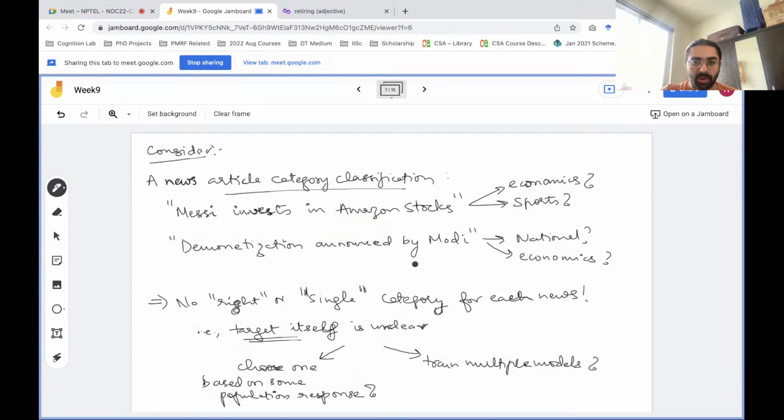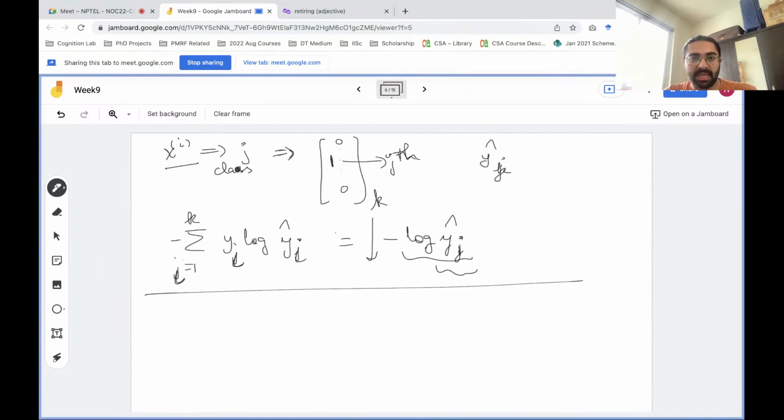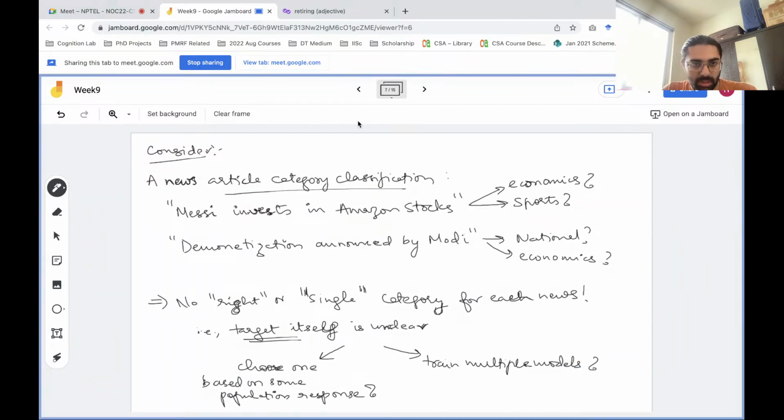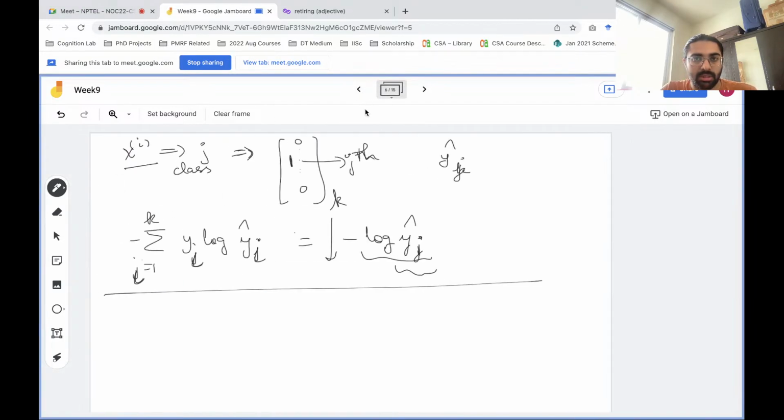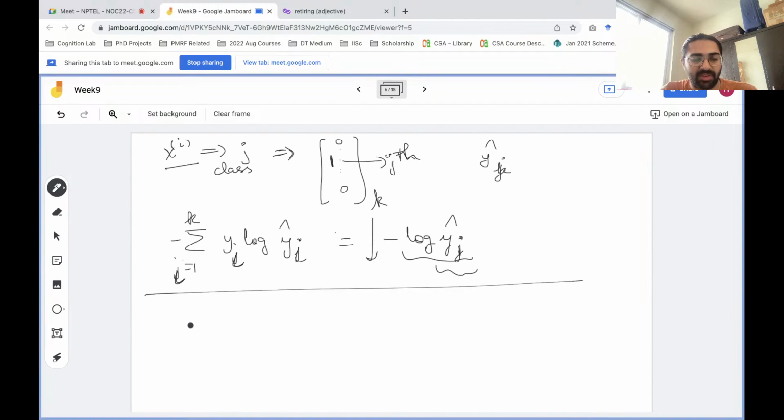One thing you could do is choose one based on some population response. For example, when you're creating the training sample for such category classification, you give a free choice to your labelers, the people who are labeling your data set.